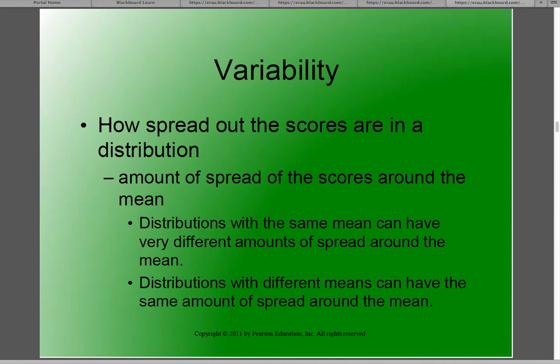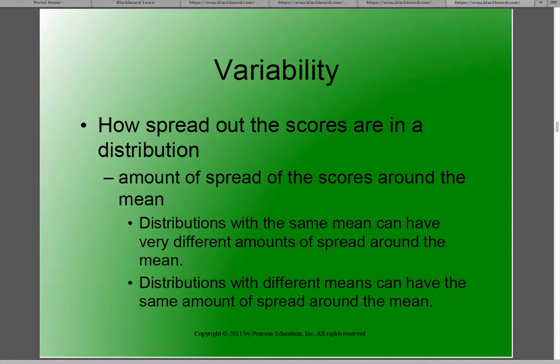As you have read in your book and looked at the calculation for variability, standard deviation and variance, the computational formulas are in respect to a deviation of each score from the mean.